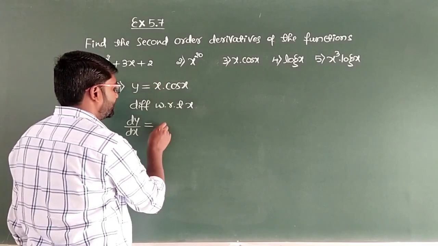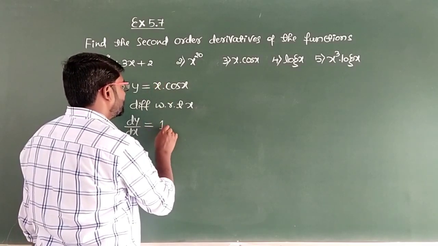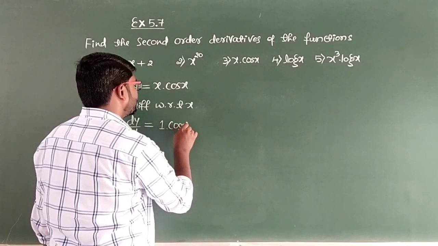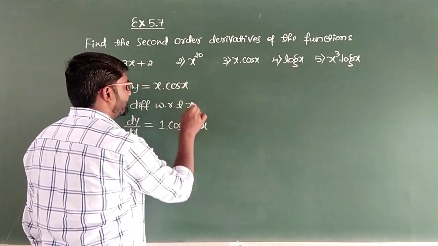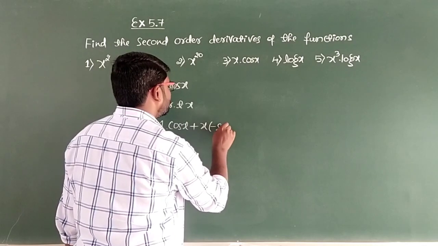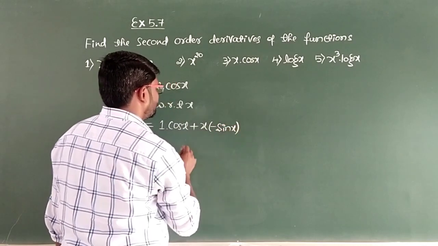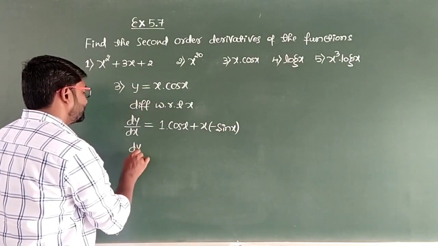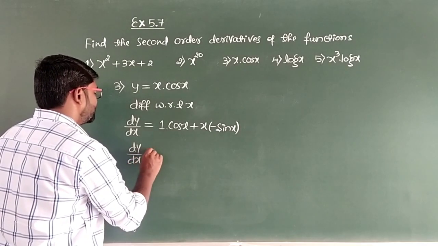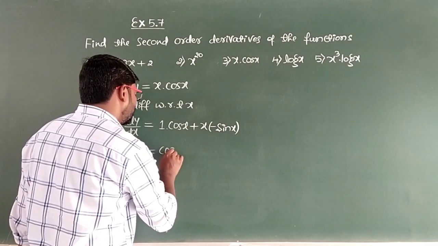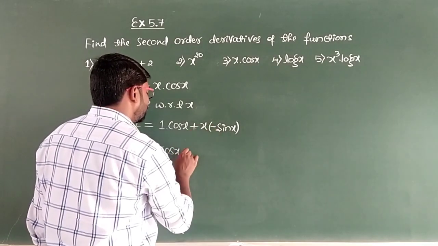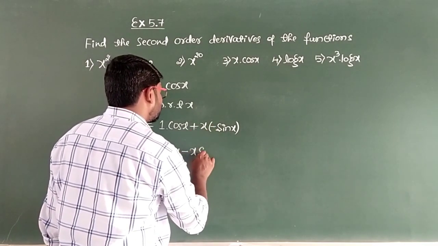Derivative of the first function, derivative of x it will be 1. Write the second function as it is, plus, now write the first function as it is, derivative of cos x it will be minus sin x. Simplify this now: dy by dx is equal to 1 into cos x will be cos x, plus x into minus sin x, we get minus x sin x.